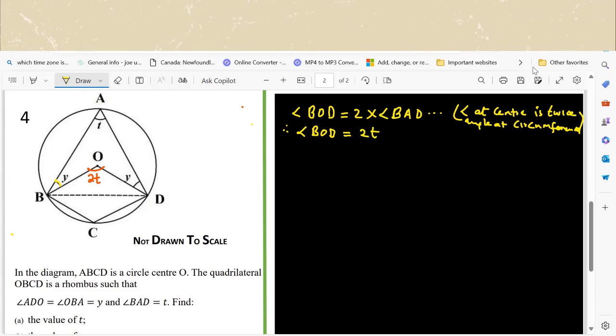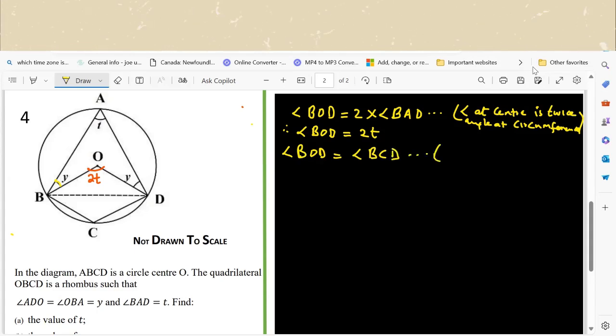Now, since this quadrilateral OBCD is a rhombus, it means that angle BOD and angle BCD are equal. We say here that angle BOD equals angle BCD.